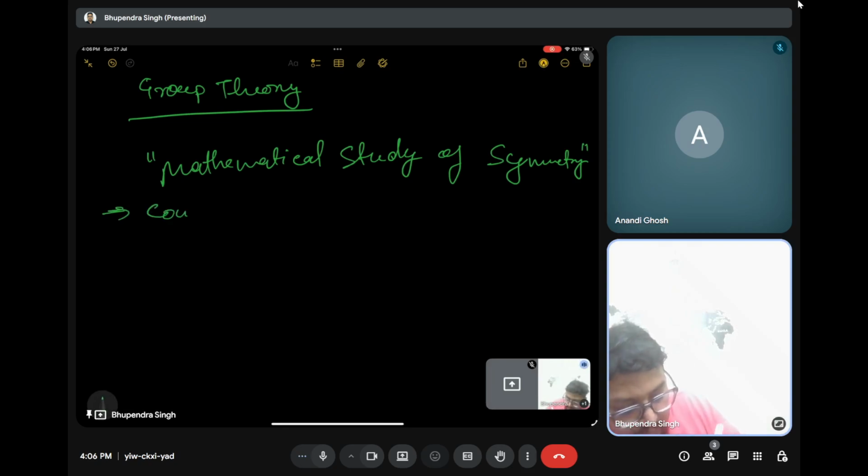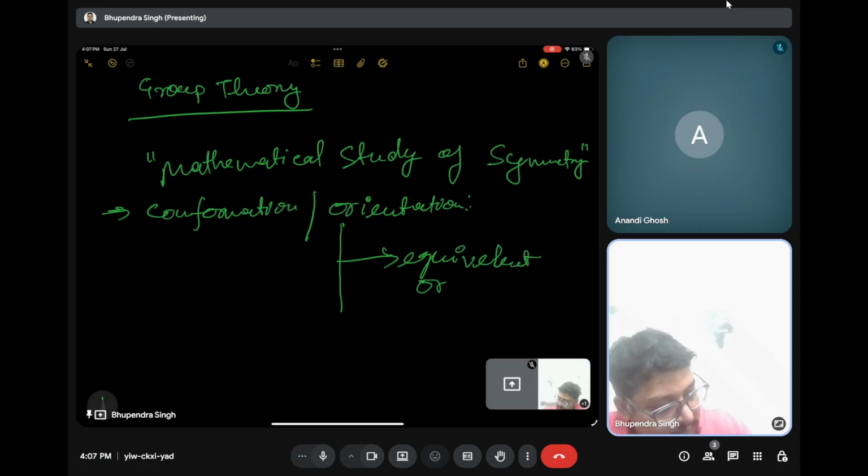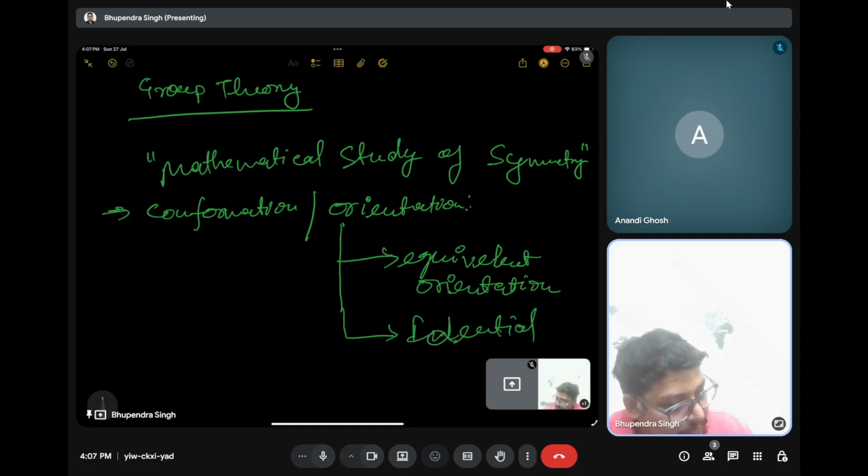So the conformation or orientation of any object or molecule, after the operation, will lead to the equivalent orientation of that particular object or molecule, and the identical orientation.